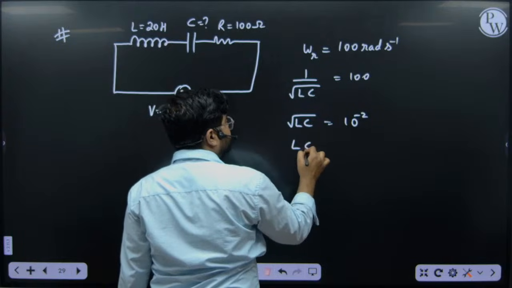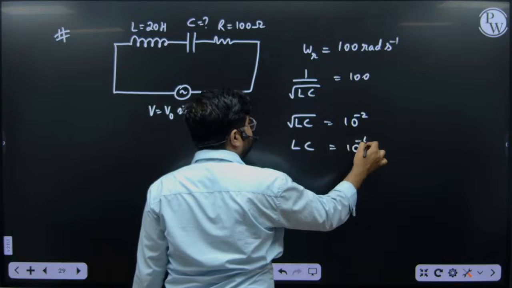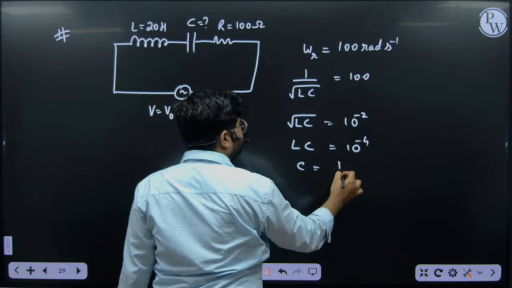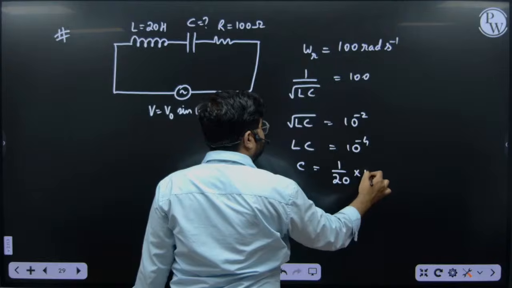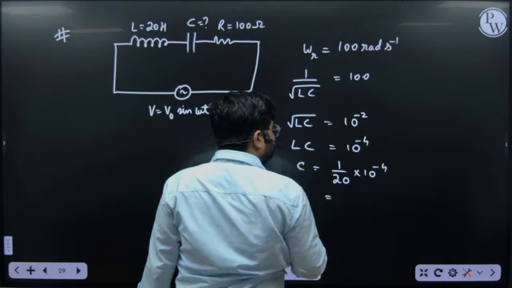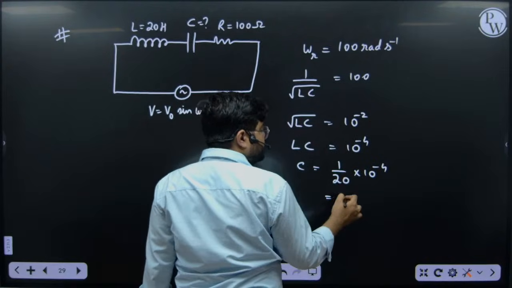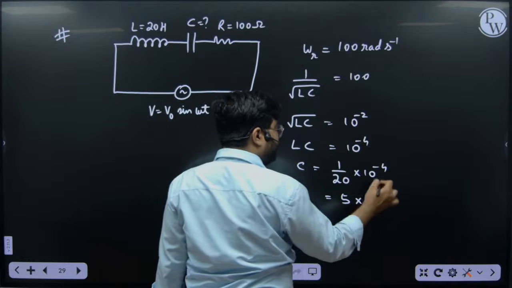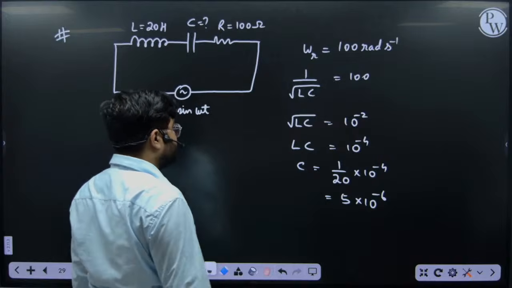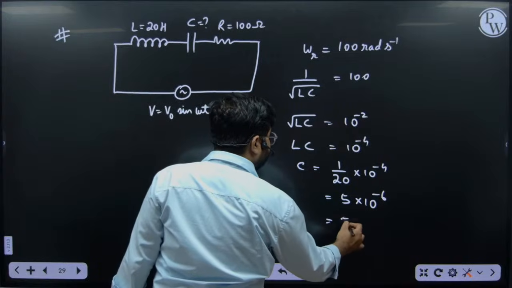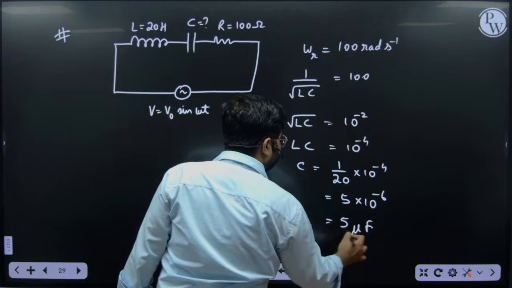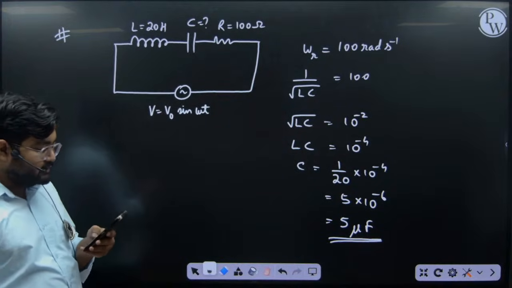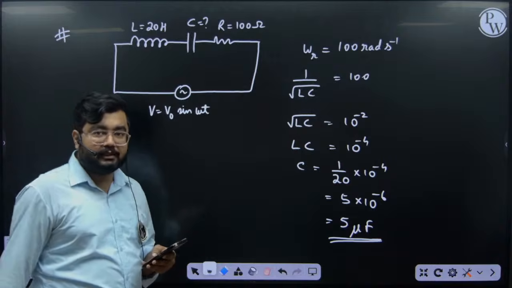So LC becomes 10 to the power minus 4. And L is given as 20. So C is 1 by 20 into 10 to the power minus 4, so this is 0.5 into 10 to the power minus 6, so 5 microfarad, and this is given as one of the options. So this is a multiple choice, and one of the options is 5 microfarad, so this is correct.